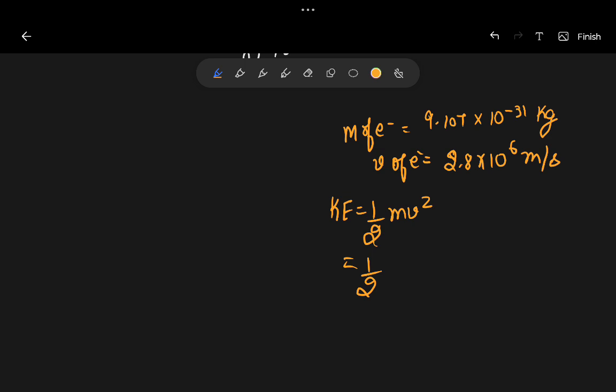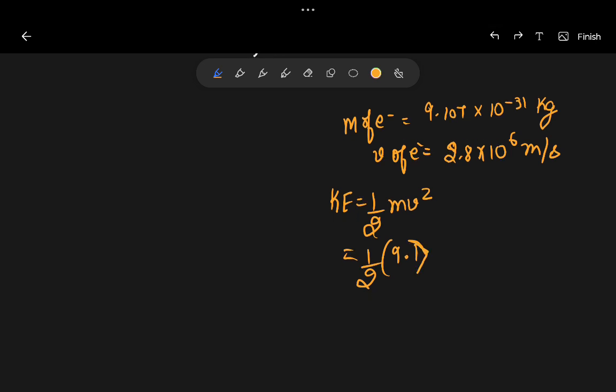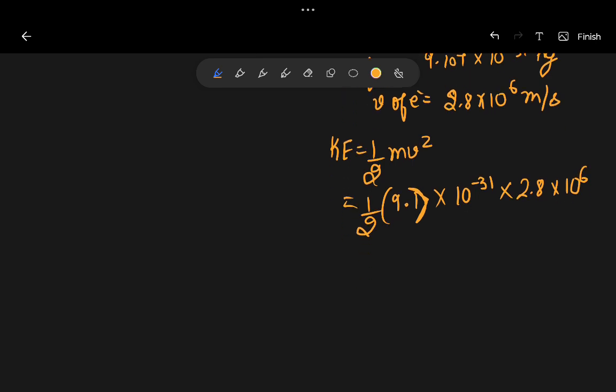Half, how much m? It is 9.107. Let's take 9.1 here. Okay, you can take to 3 decimal points, there is no problem. So I am taking it to 1 decimal point, and -31, along with it multiplying it with 2.8 into 10 to the power 6.